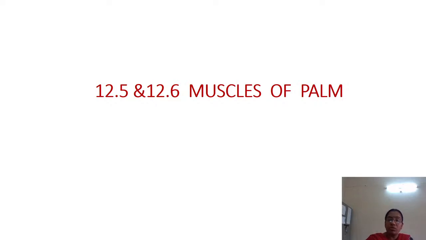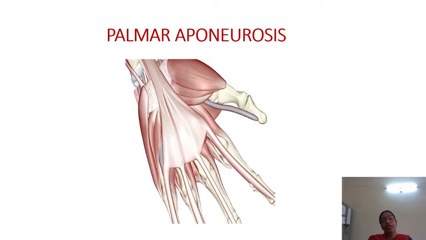So when you come across these muscles, before going to them, there is an aponeurosis here which is called the palmar aponeurosis. When you are doing the dissection, the first thing before going to the intrinsic muscles is this aponeurosis, the palmar aponeurosis.